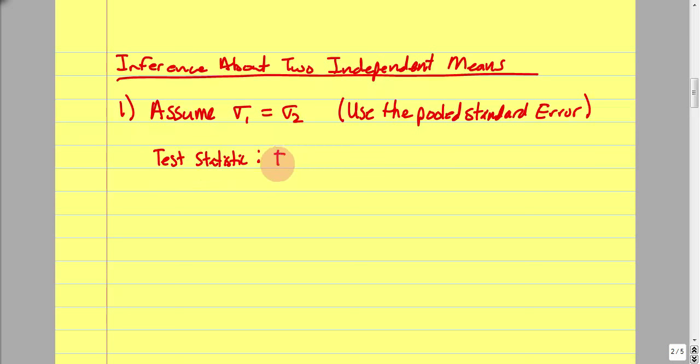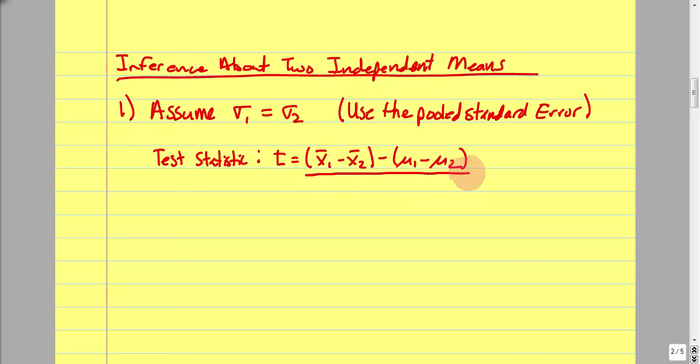and my test statistic is t because sigma is unknown, and it's x bar 1 minus x bar 2 minus mu1 minus mu2, and that's usually 0 because my hypothesized means for my null hypothesis, mu1 minus mu2 is 0.